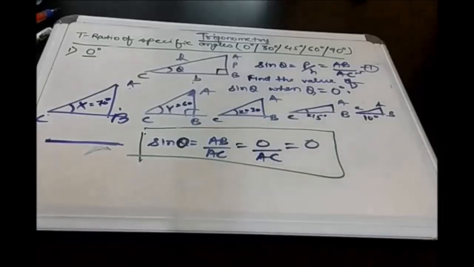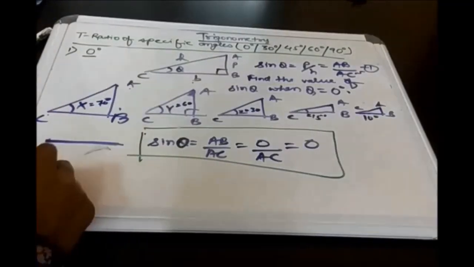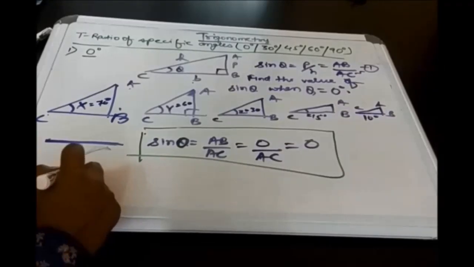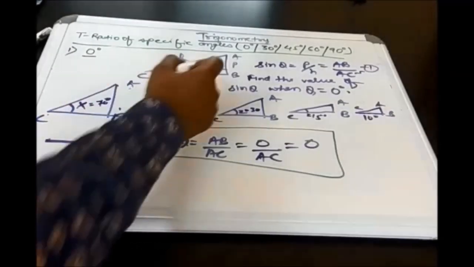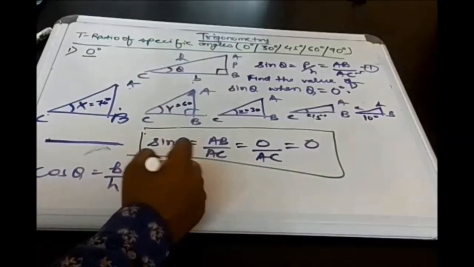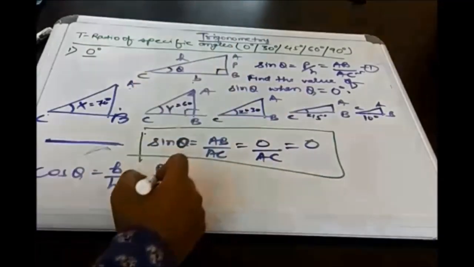Now we will be deriving the value of cos 0. So cos theta is base by hypotenuse. Base is BC. Hypotenuse is AC.